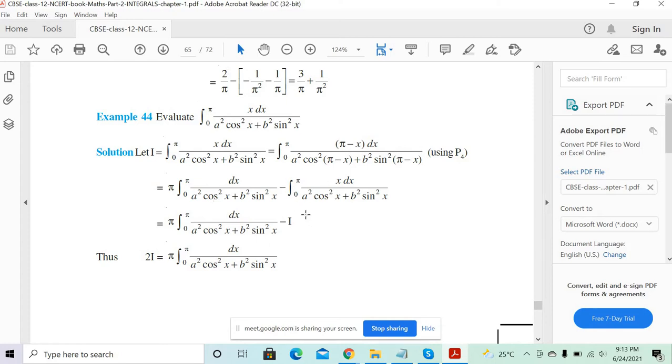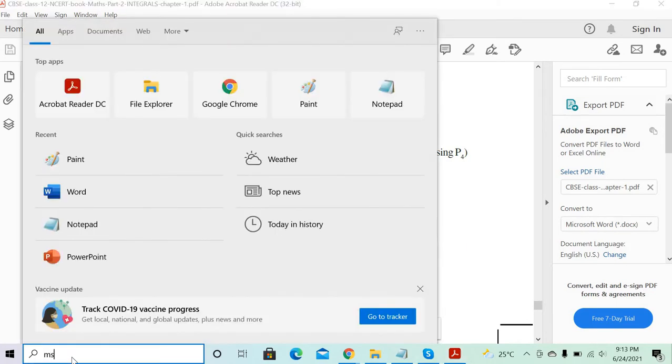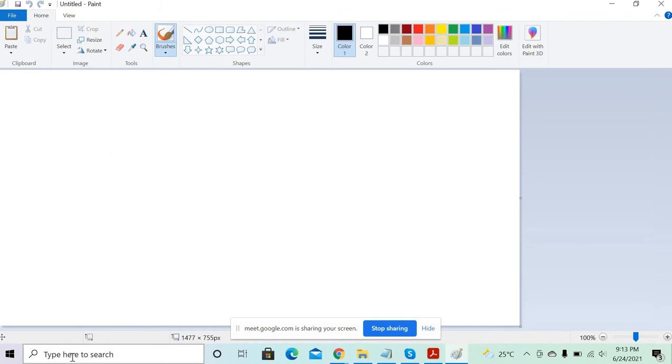Is it okay? See, we separated the numerator as a fraction. So pi by the denominator, then x by denominator. Not clear? Not really, sir. Okay, no problem. Let me explain from here.